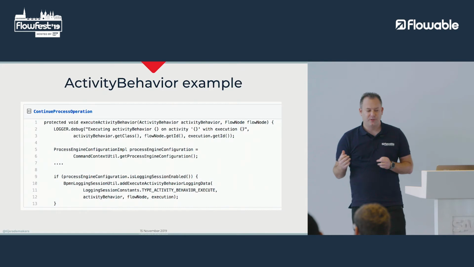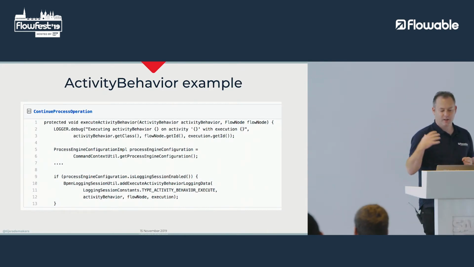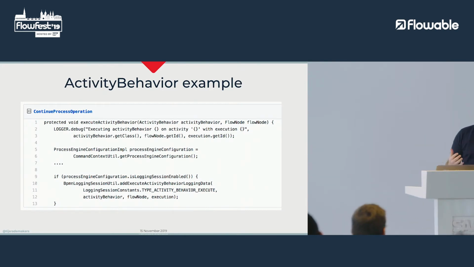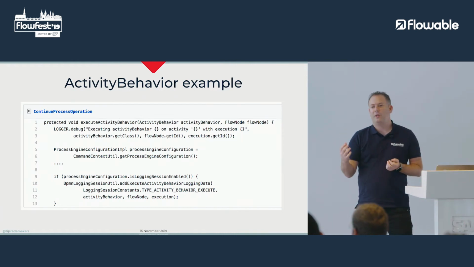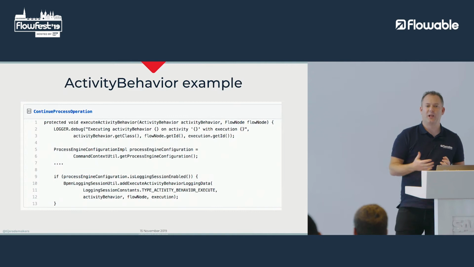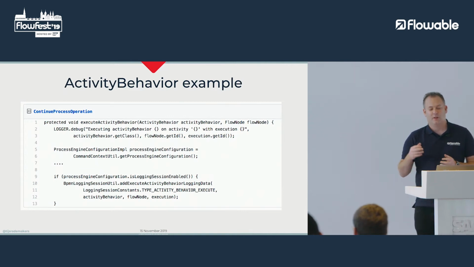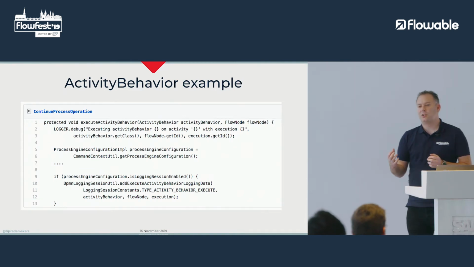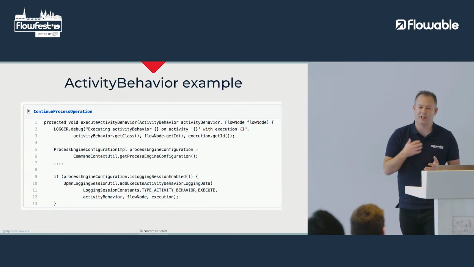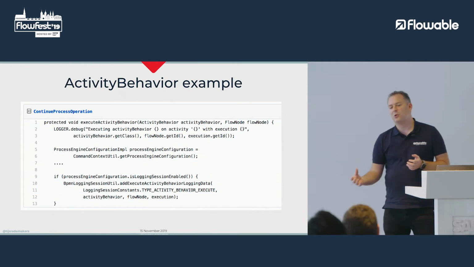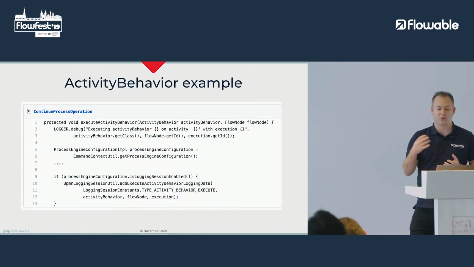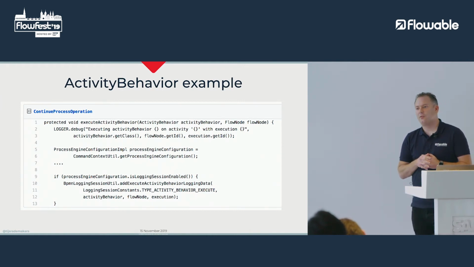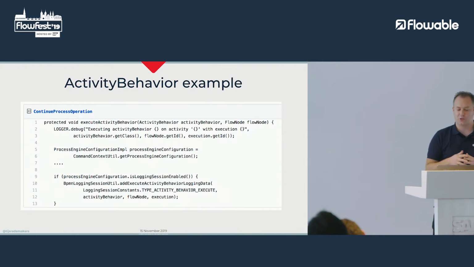And if it's enabled, then we add the type activity behavior execute to the logging session. And we put there which activity behavior is executed. And by passing also the execution, from the execution we can get the information, which process definition, which process instance, and all that. So that's all gathered automatically from that passing of the execution as well.